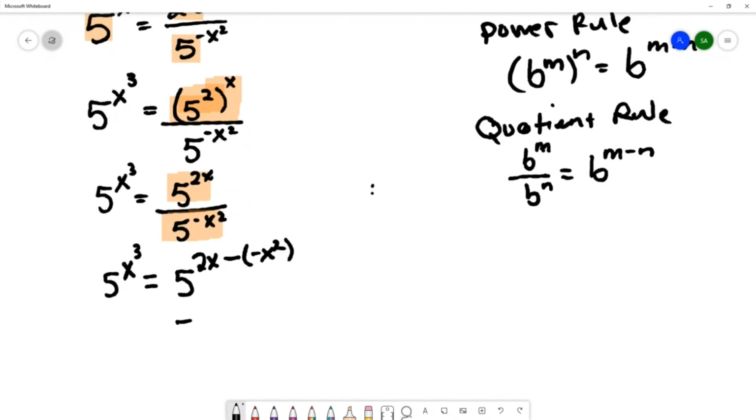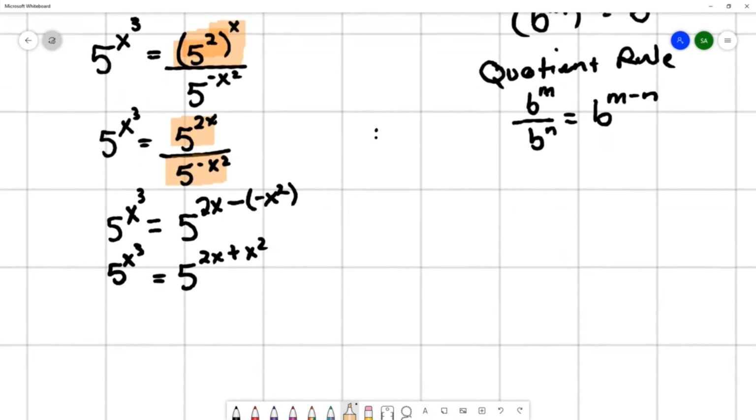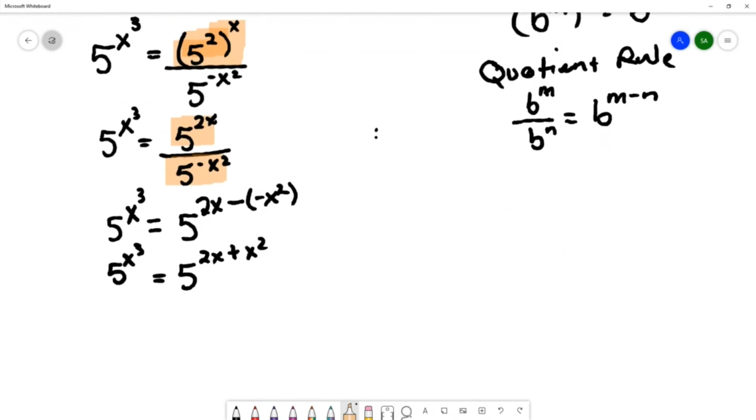We would have 5 to the 2x plus x squared on the right-hand side. Now we have written it so that the bases are the same on both sides. So we apply the relating the bases property, or the one-to-one property, and say that the exponent on the left, x cubed, is equal to the exponent on the right, 2x plus x squared.